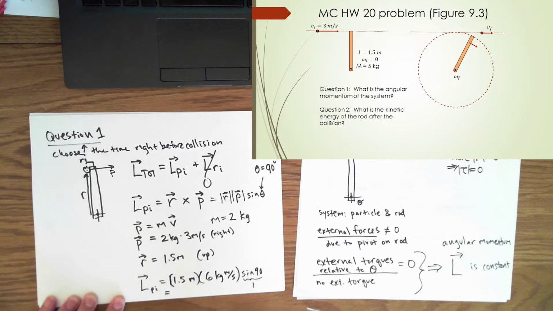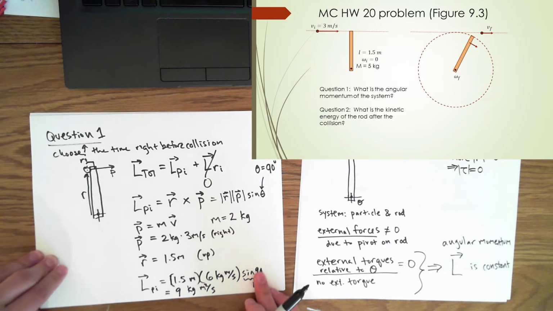So this is just 9. That's the answer for that first question. And remember, it's true for all times, even if I calculated it only at this time when it was very convenient to do so.